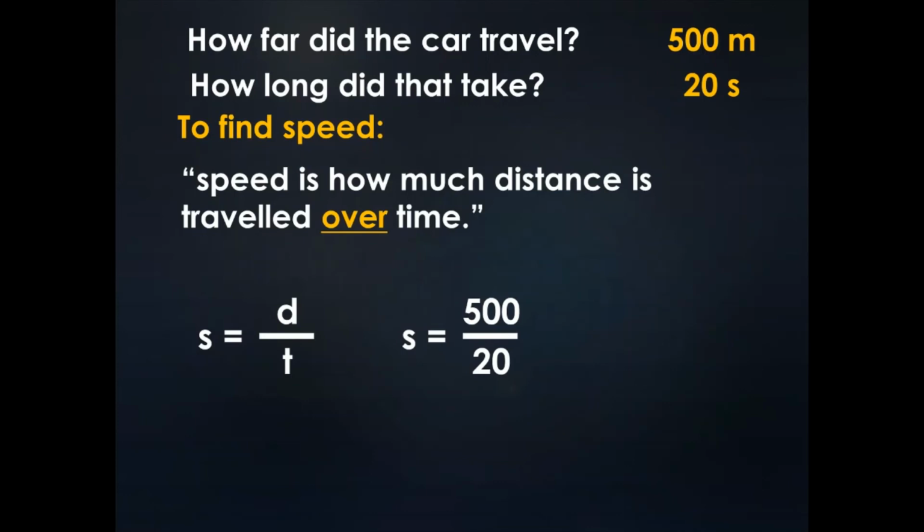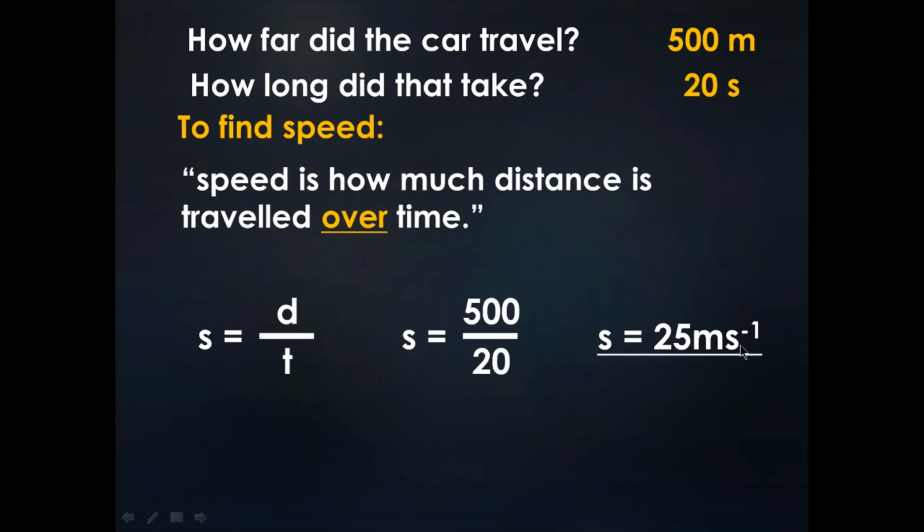The speed is 25 meters per second. Well done if you got that right. We know it's meters per second, and that's what this little -1 means. This little -1 is the same as having this dividing line here. It tells us that on the top we have meters, because it was 500 meters, and on the bottom it's seconds.